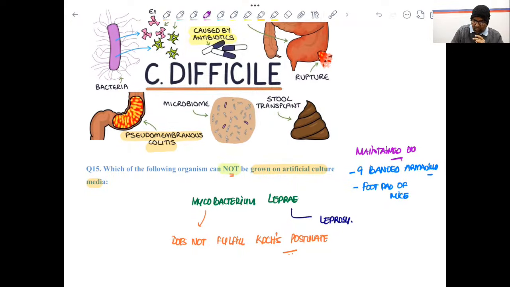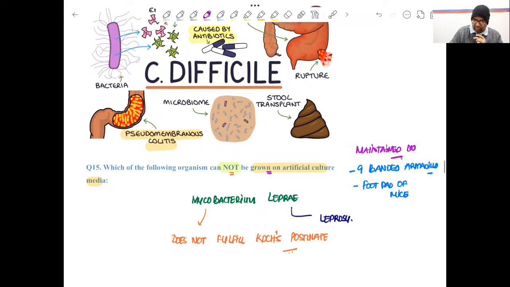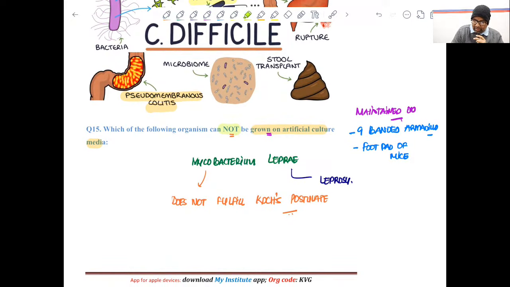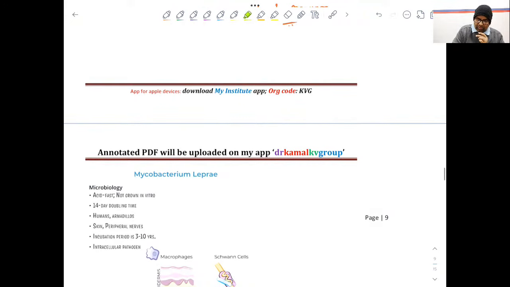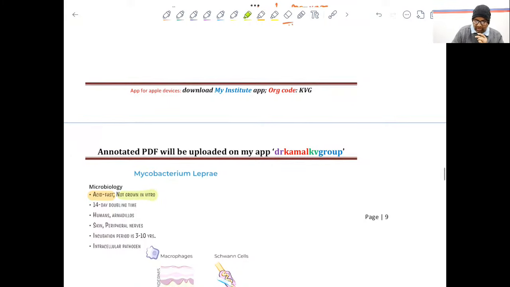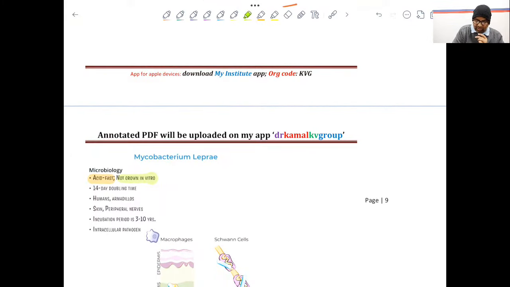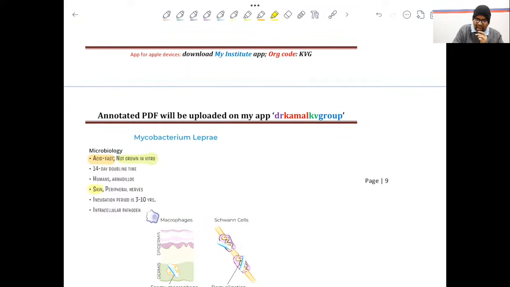Otherwise it cannot be grown on artificial culture media. So this is Mycobacterium leprae, causative agent of leprosy, right? So it is acid fast, not grown in vitro, that is cannot be grown in artificial culture media. Then it affects skin and peripheral nerves.